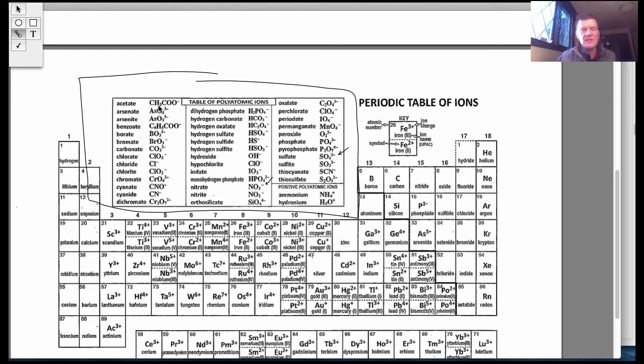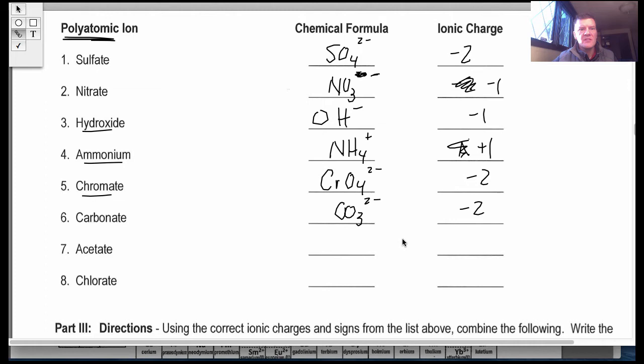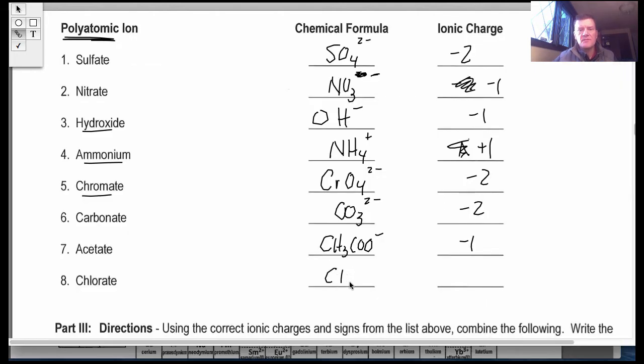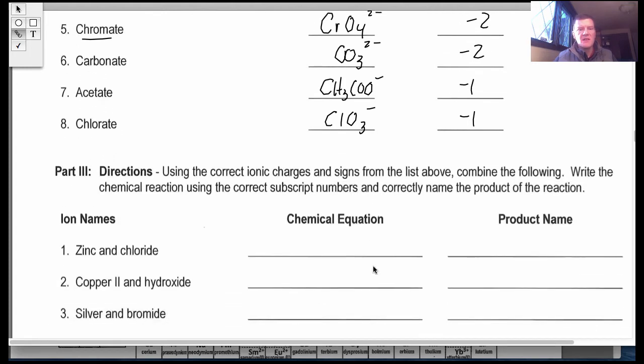Sometimes the O's are combined and the C's are combined, but we'll go with this here. -1. And then the chlorate is right here, ClO3 with a -1 charge. Okay, so just use those as needed.